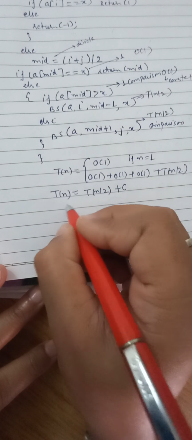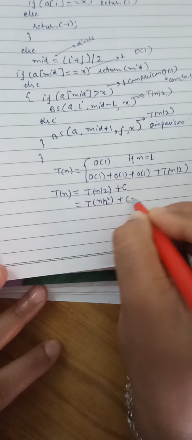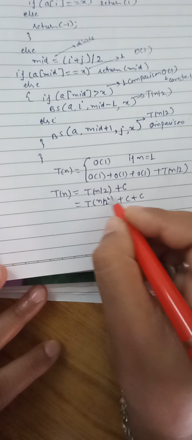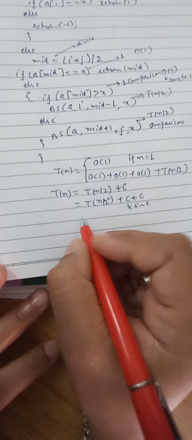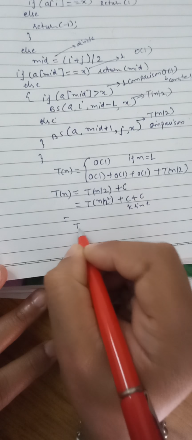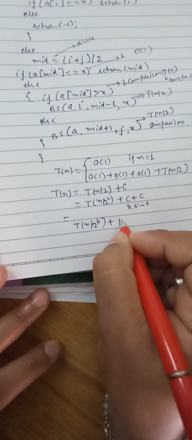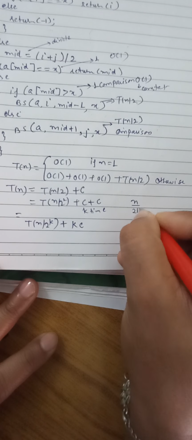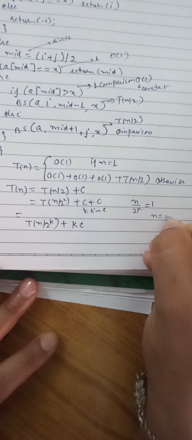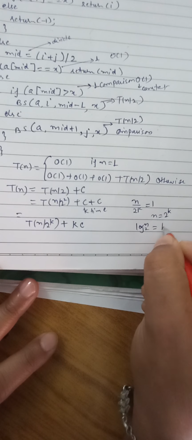So if we solve it, the next time what we will get is T(n/4) plus 2c, and like that it will go. Up to k times, it will be T(n/2^k) plus kc. And if we suppose n upon 2^k is equal to 1, so n is equal to 2^k, and log n base 2 is equal to k.